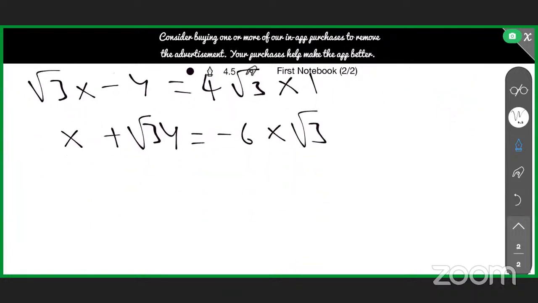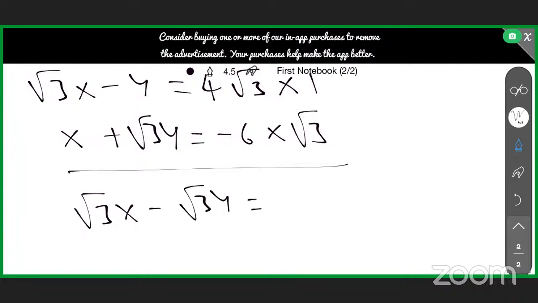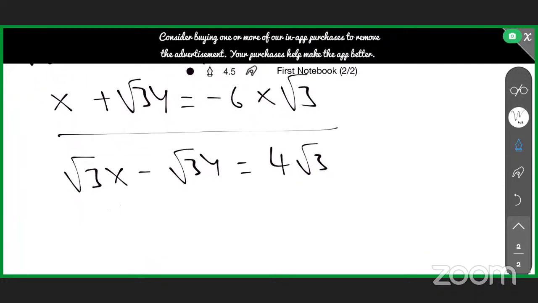So the equation will become root 3x minus root 3y equal to 4 root 3, and again root 3x plus root 3 into root 3, which becomes 3y, is equal to minus 6 root 3.